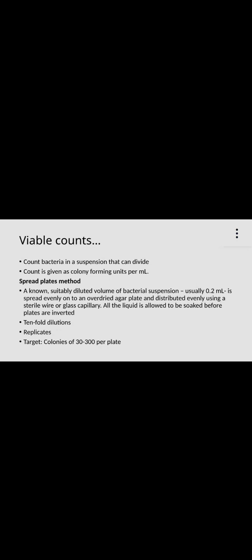So this is done with several dilutions and any number of replicates required to achieve colonies numbering about 30 to 300 per plate. So the target is to have 30 to 300 colonies of viable microorganisms per plate.